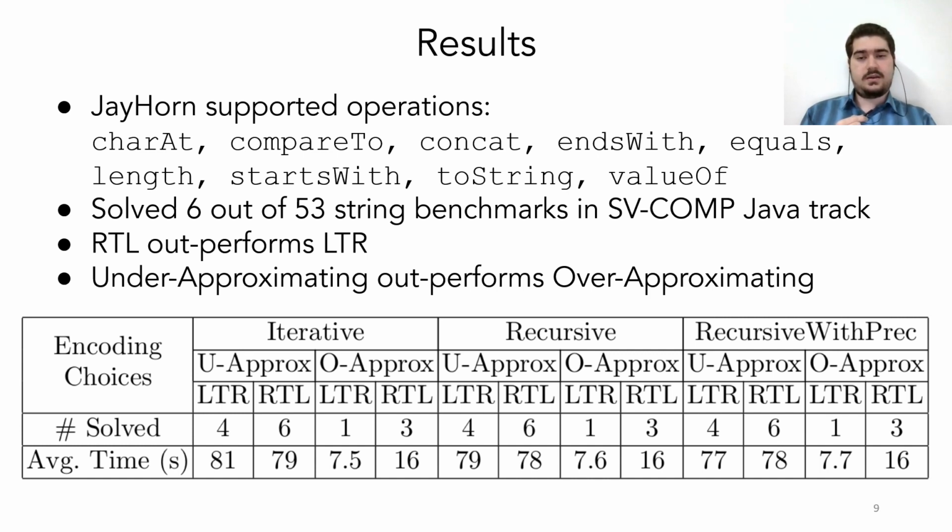In general, right to left is performing better than left to right, probably because appending characters is more common than prepending. And under-approximating outperforms over-approximating, maybe due to loss of information about string content during over-approximation. Other encoding choices had no significant impact on the results.